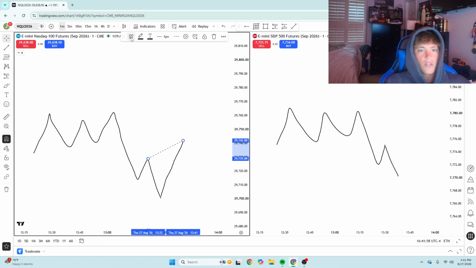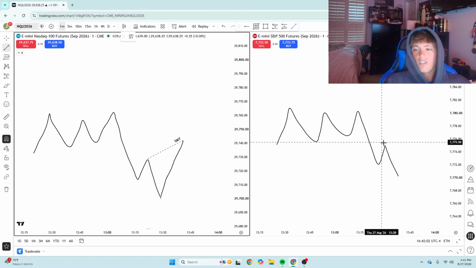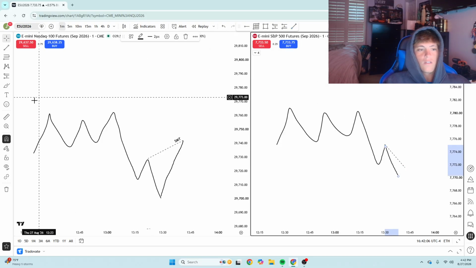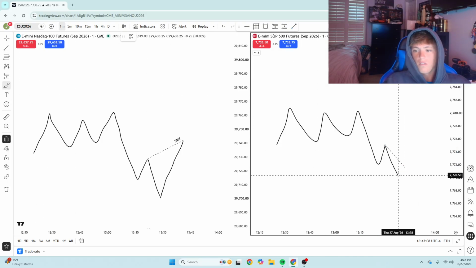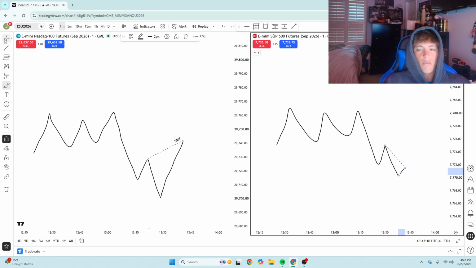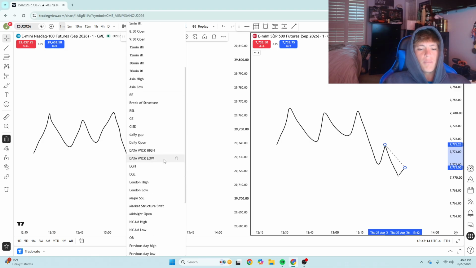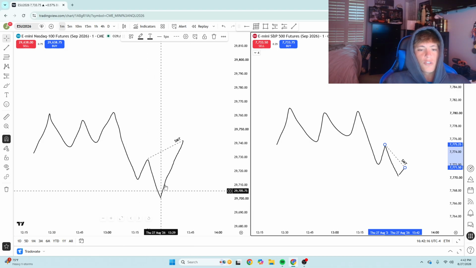NQ took this high. And ES didn't. So, we have right here to this candle, a what? An SMT. Now, is this SMT bullish or bearish?